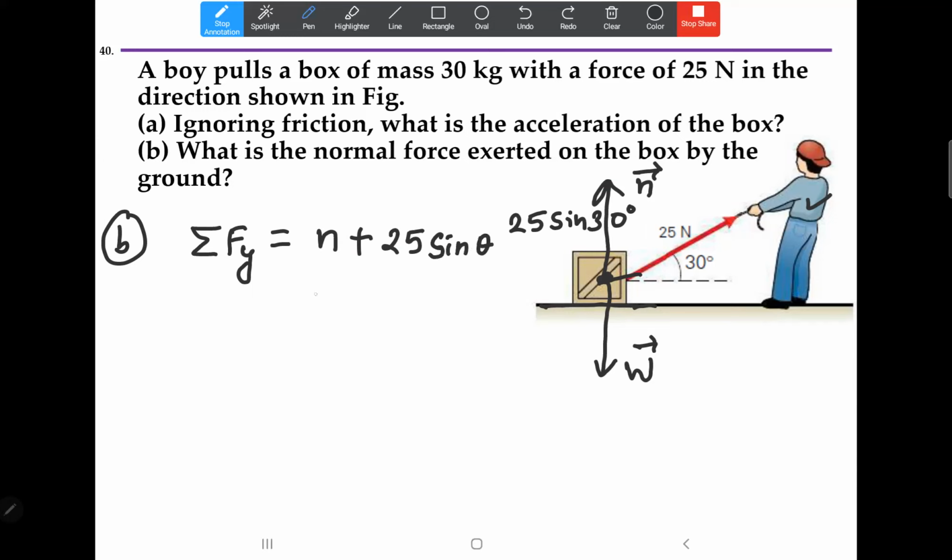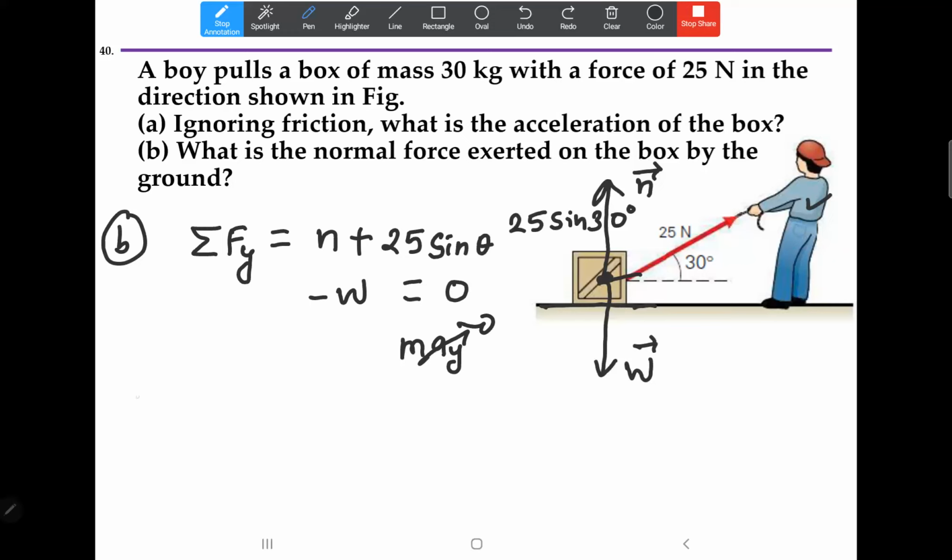And W will be negative because it is acting downward, along the negative y-axis. This is equal to 0. Why 0? Because from Newton's law, F is equal to ma, along the y-axis there is no motion, so acceleration is 0. That's why it can be equated to 0.